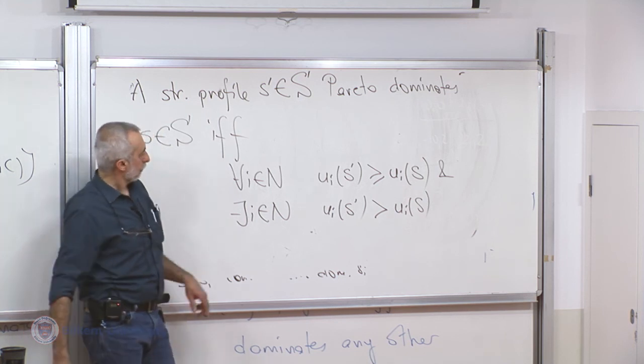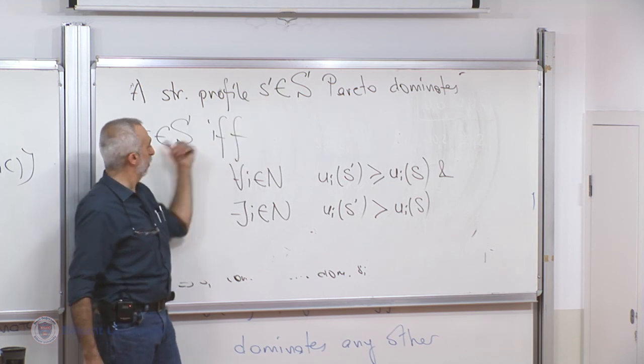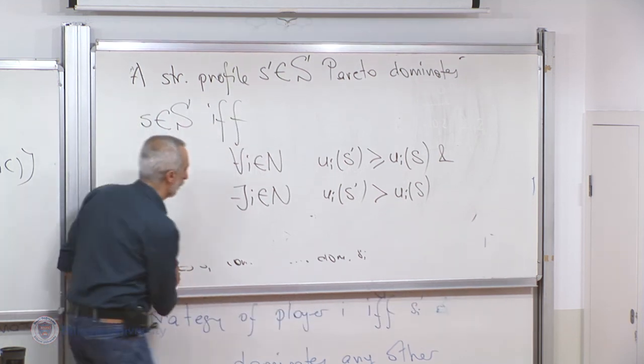So if these 2 conditions hold, we say that S prime Pareto dominates S.